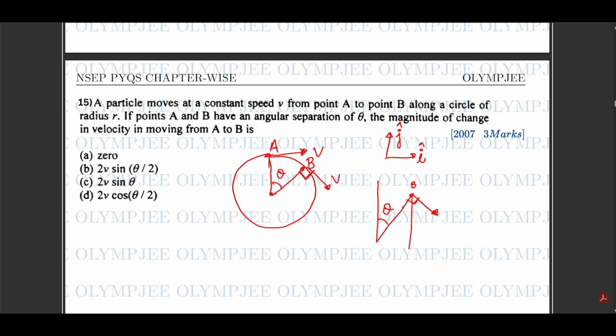So this angle will be theta due to alternate angles. So this will become 90 minus theta. So in i direction, the velocity will be v cos theta, and in downward direction it will be v sin theta.